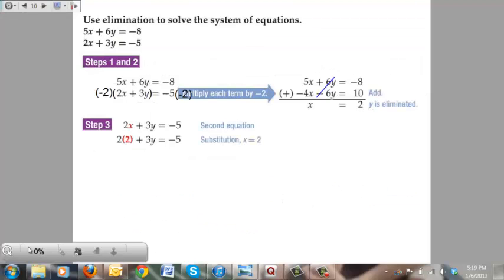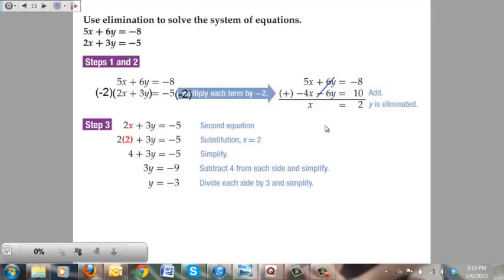Plug in the positive 2 that you found right here, and then just work it out. 2 times 2 is 4. Subtract 4 from both sides, gives you 3y equals negative 9. Divide both sides by 3, and now you have a solution for your y value. y is equal to negative 3.